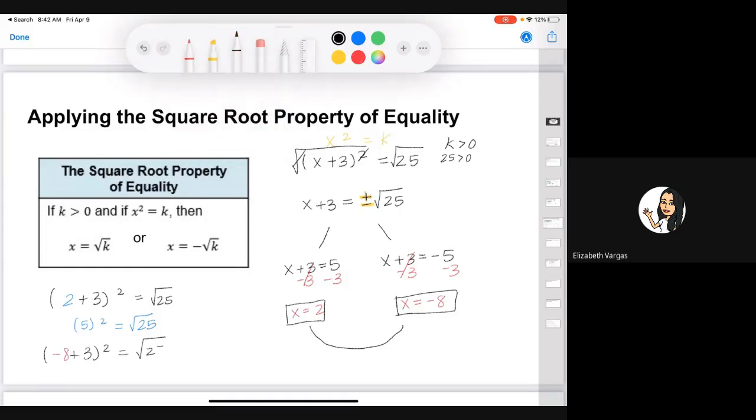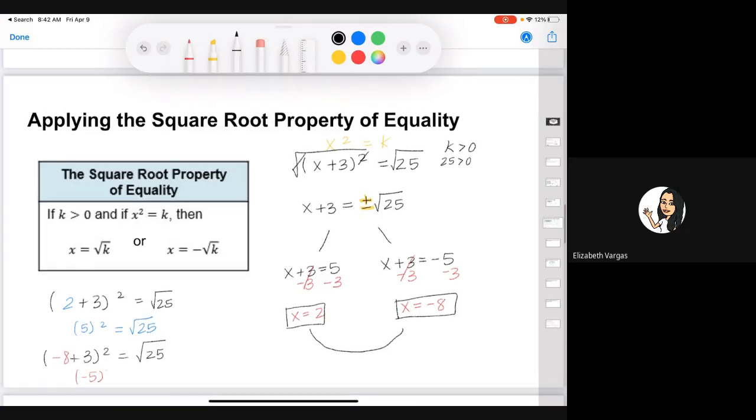And with negative 8, negative 5 squared is also 25. So it is true that 5 squared is equal to 25, and it is true that negative 5 squared is equal to 25. So both of those x's would allow me to solve that problem.